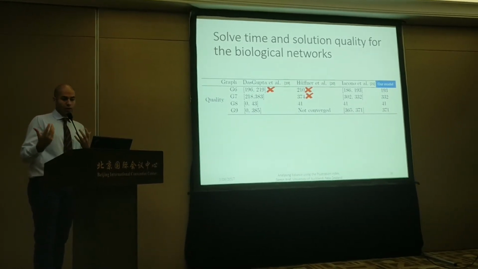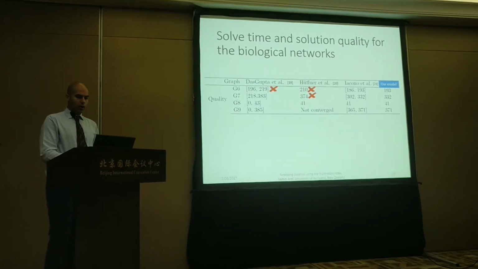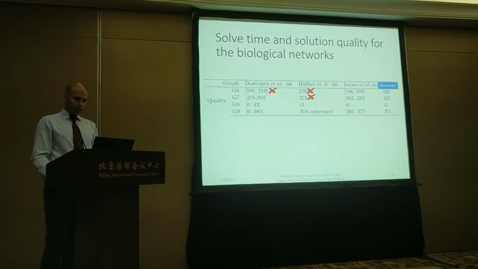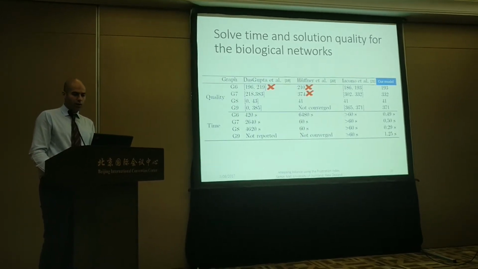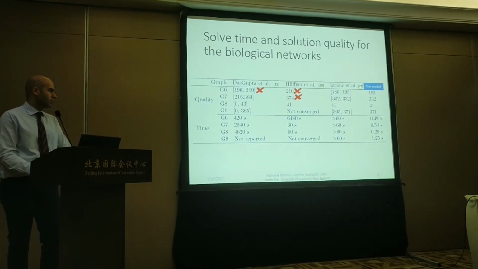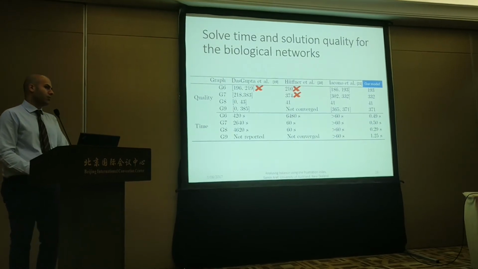As there were no exact solutions to verify whether these algorithms are working, it doesn't come as a surprise. And in terms of solve time, our model is capable of processing these graphs in something around a second on an ordinary computer.